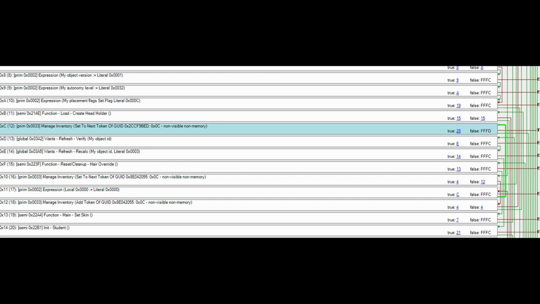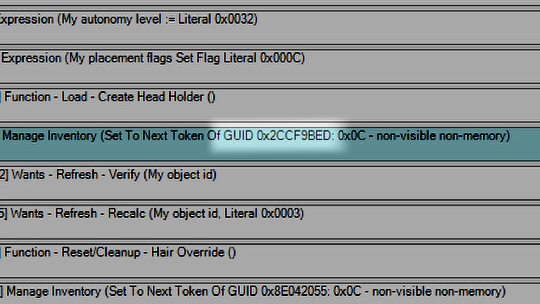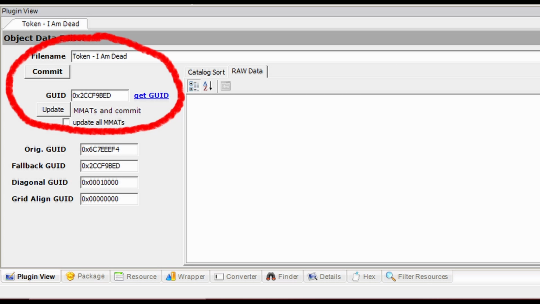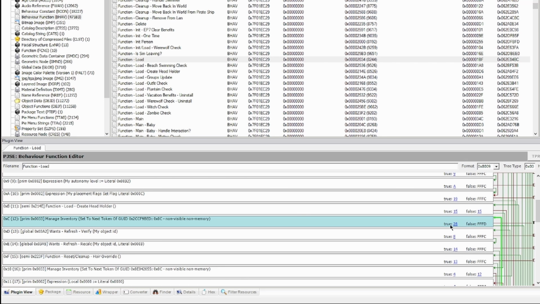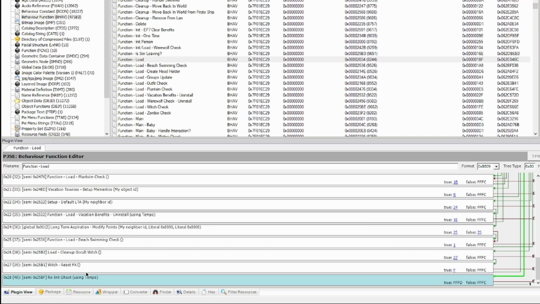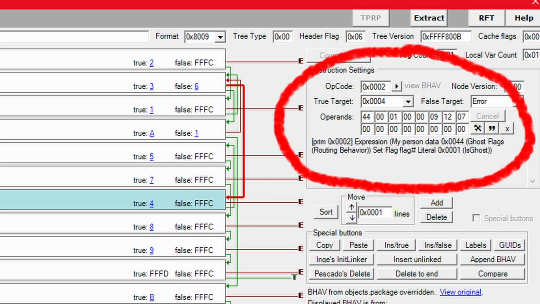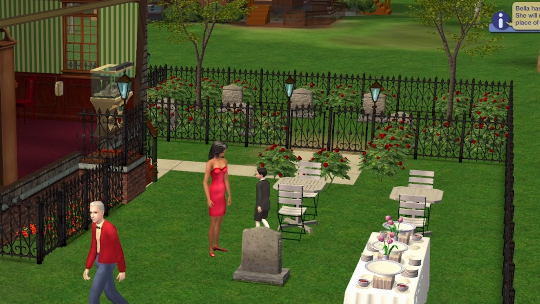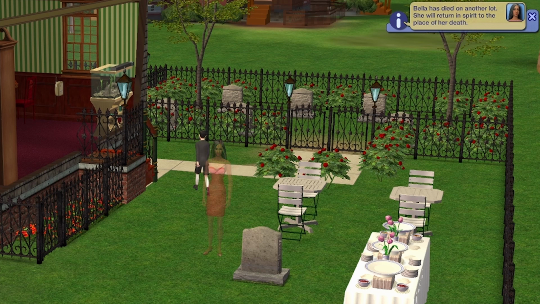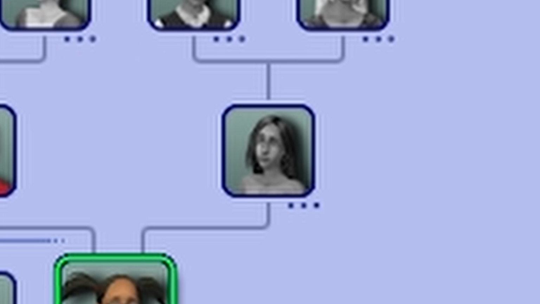If it finds an item with this GUID in the sim's inventory, which is the I am dead token, then it assumes that this sim should be dead and runs the reinit ghost function. That function sets the is ghost flag to true if it's not true already, and then it tells the load function to boot the sim out of the lot because they're dead. So I do realize that this is a lot to take in, right?